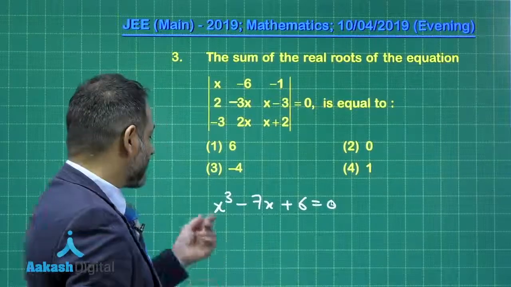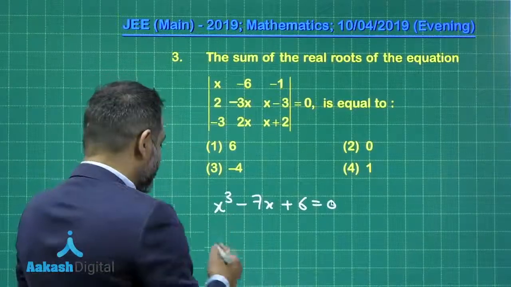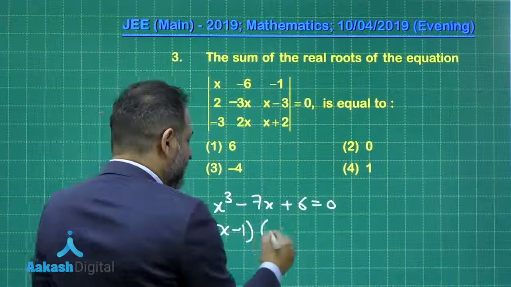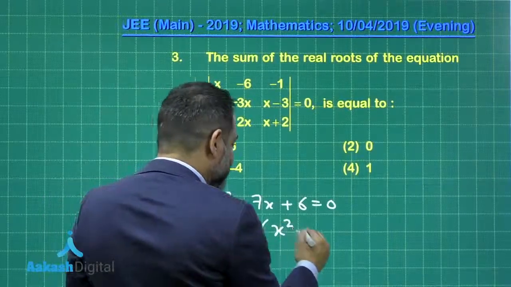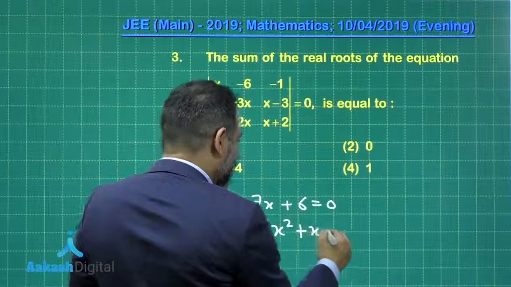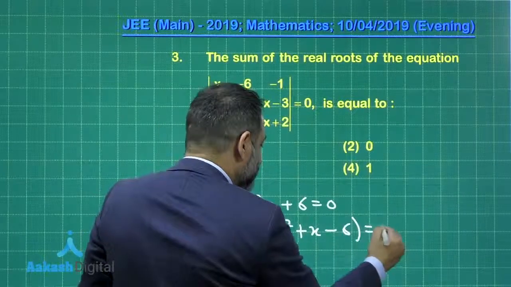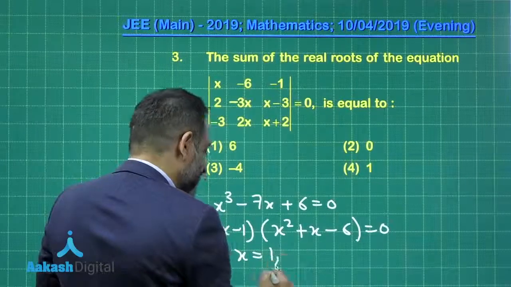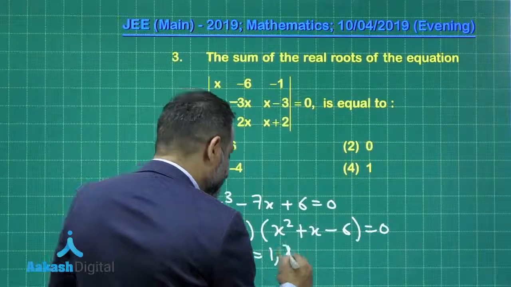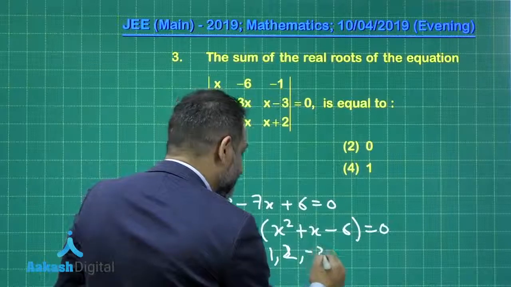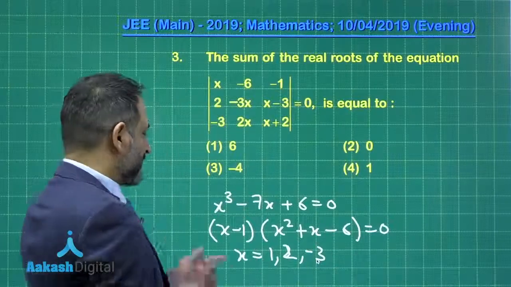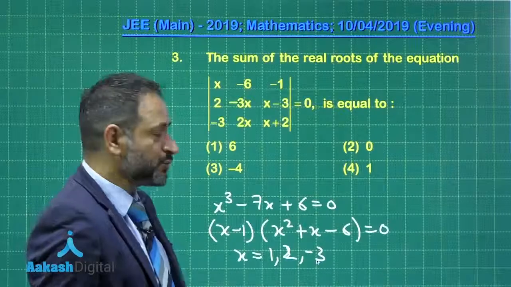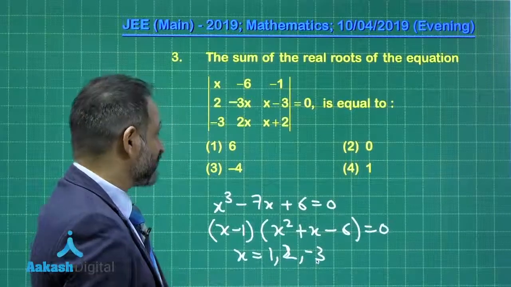If you check, x equal to 1 is the root of this equation, x minus 1 is one of the factor, and the other factor will be x square plus x minus 6. So the other two roots can also be easily found out. So one root is 1, other is 2, and the third one is minus 3. So it can be simply calculated, and you can see the sum of the roots is definitely equal to 0.